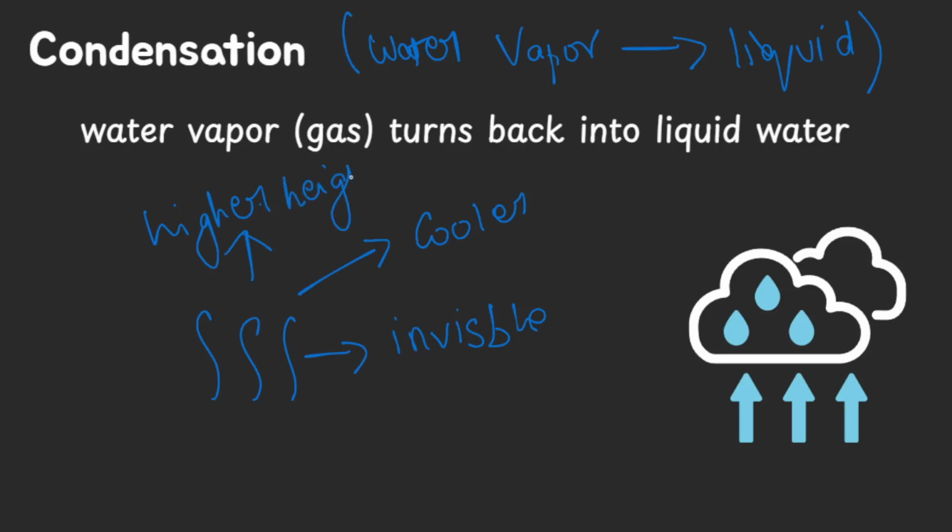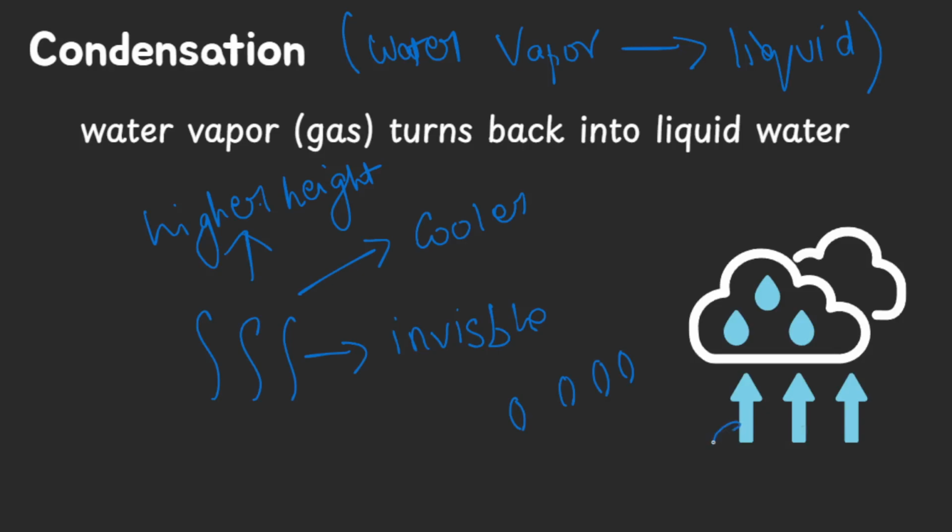When it becomes cooler, it turns back into liquid water. It becomes tiny droplets, as you can see in the image.